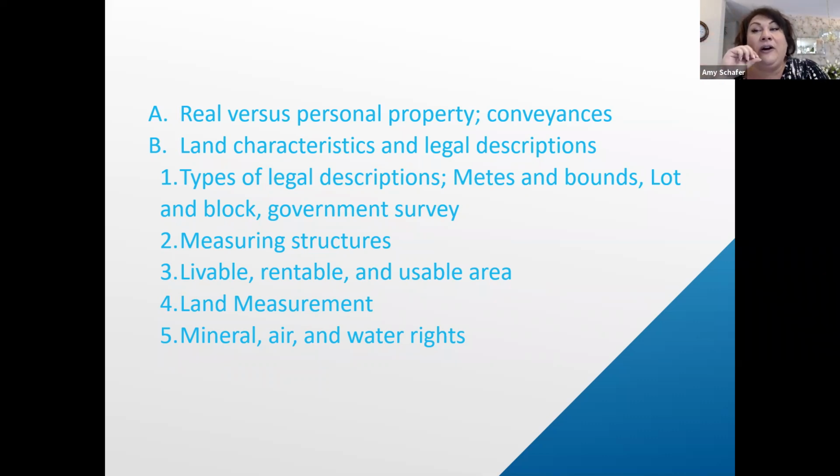I do think it's very important for you to know that one section equals a square mile. And each square mile has 640 acres in it. And then each acre contains 43,560 square feet.